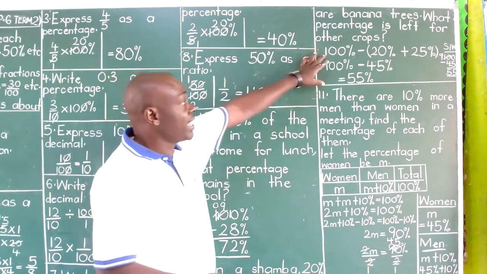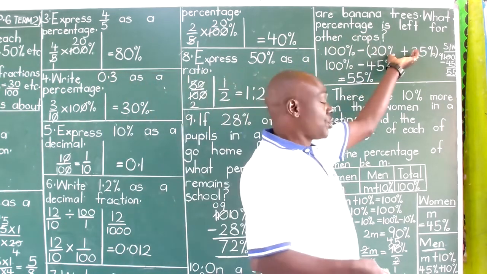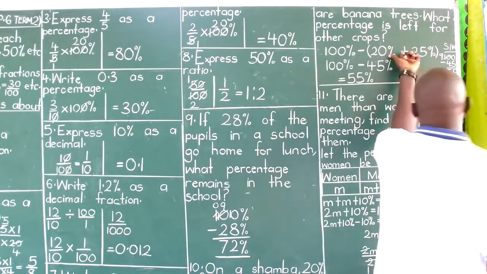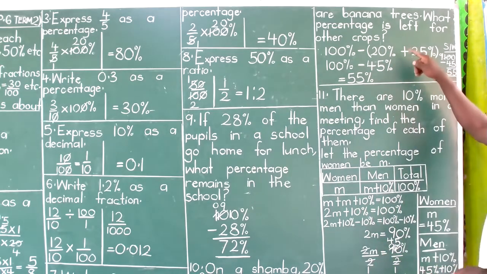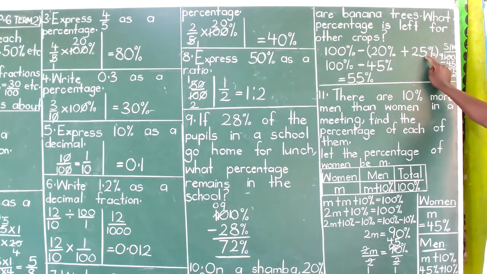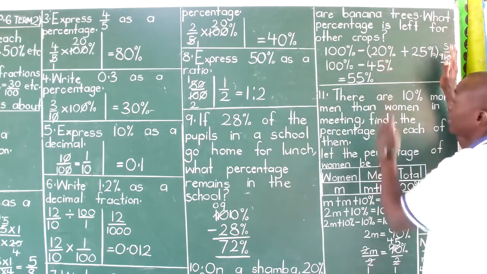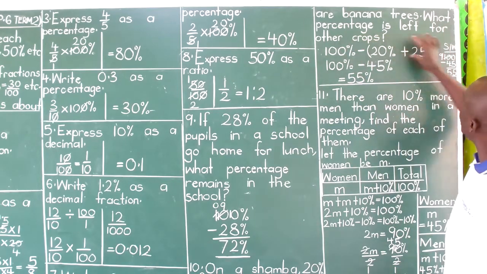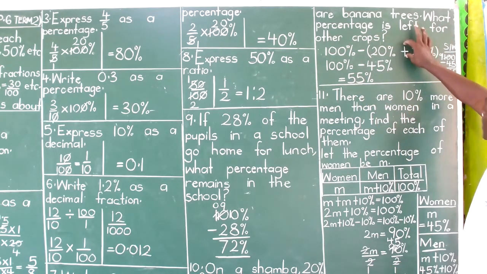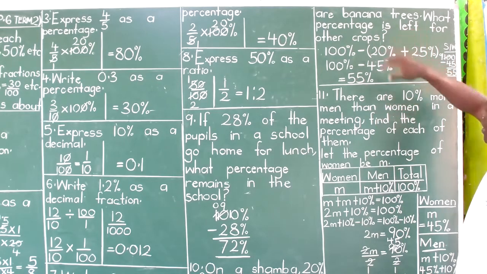So you get 100% minus the other 2 percentages, one for coffee trees, another for banana trees. So those 2 percentages combined. Combination means a plus sign of addition.